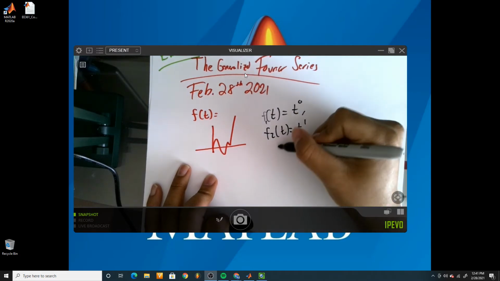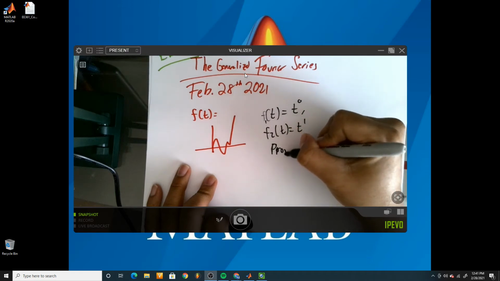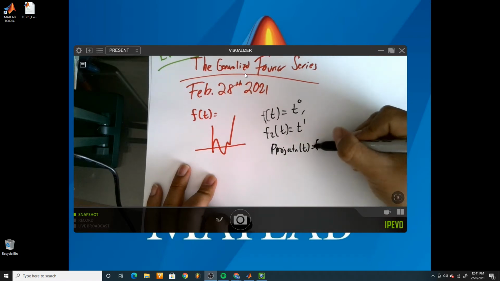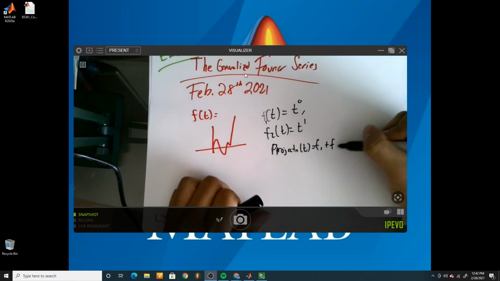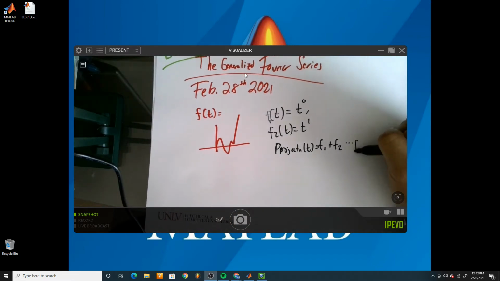And then we can just add a whole bunch of functions. Let's call it projection of t. It's basically a summation of other functions, f1 plus f2 dot dot dot f of n.